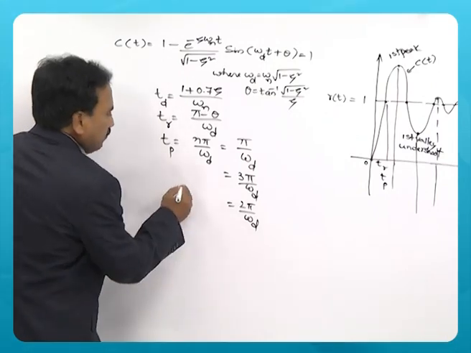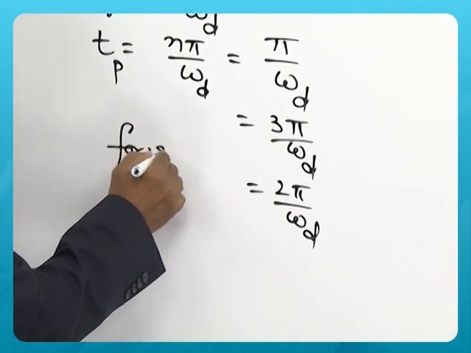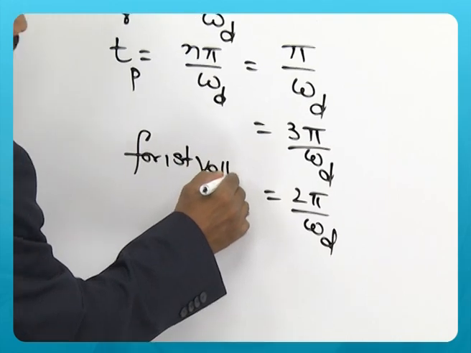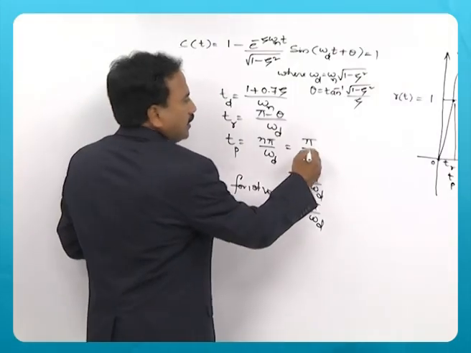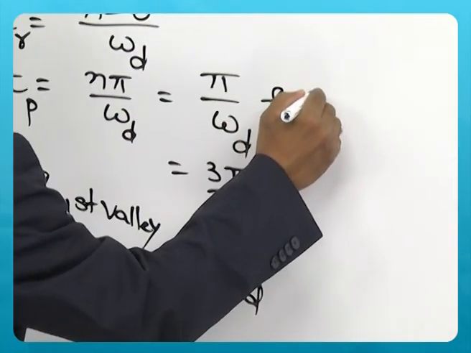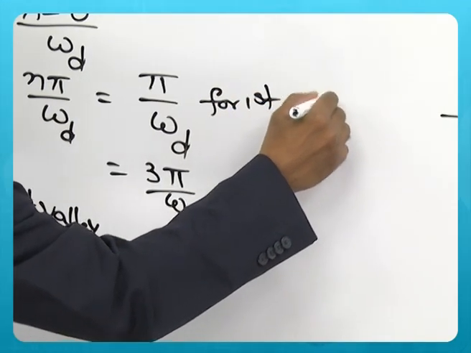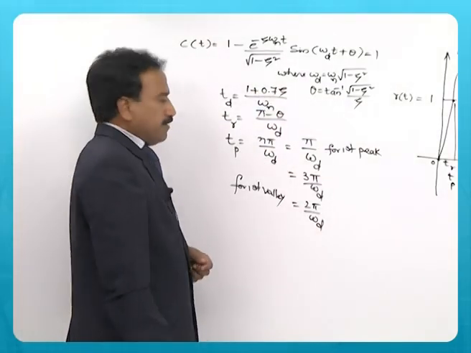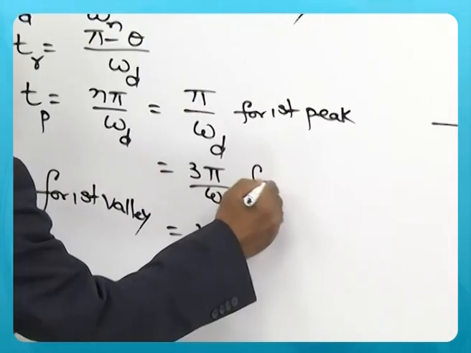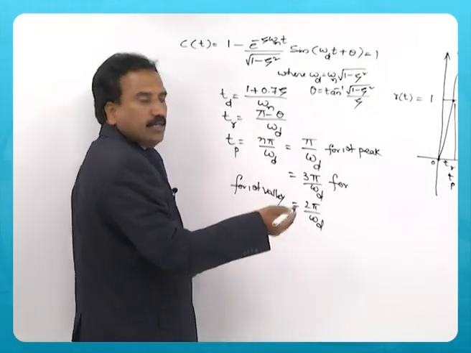This is the time required for the first valley point. This is the time required for the first peak, and this is the time required for the response to reach the second peak.